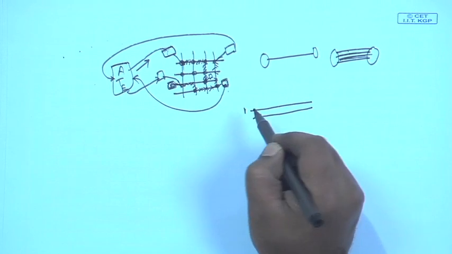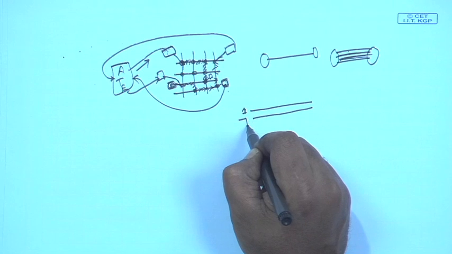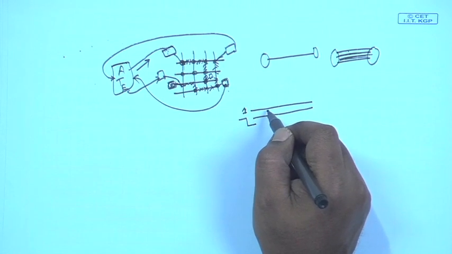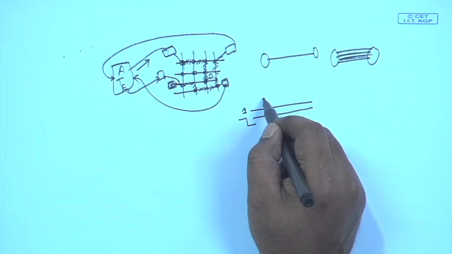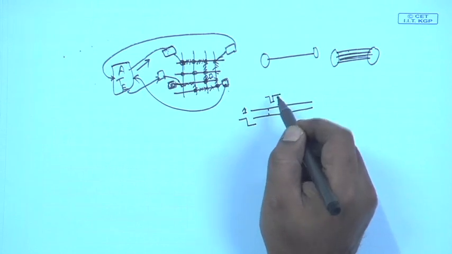Maybe this line is constantly at logic 1, but this line makes a transition to low. When it makes a transition to low, due to capacitive and inductive coupling between these lines, this line also may for some time show a glitch, and it will be something like this.